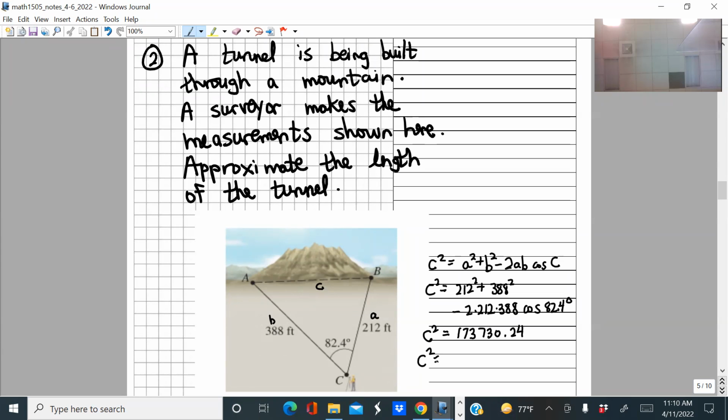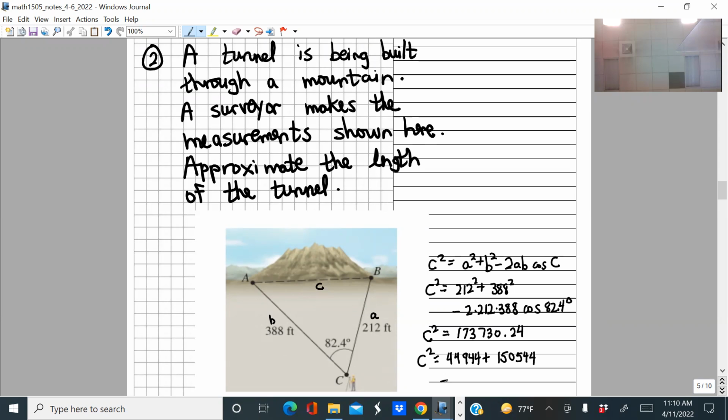All right, so 212 squared. That should be pretty easy. Is that 44,944? 44,944 plus 388 squared, 150,544. Okay.